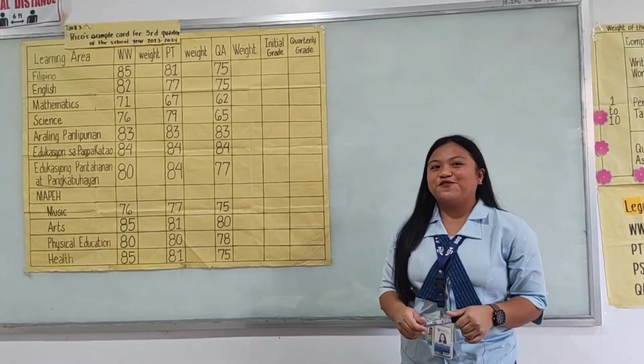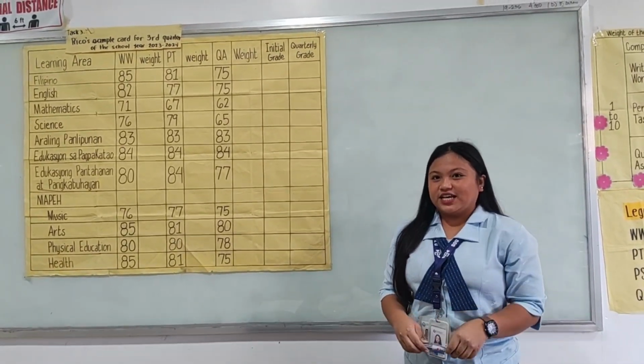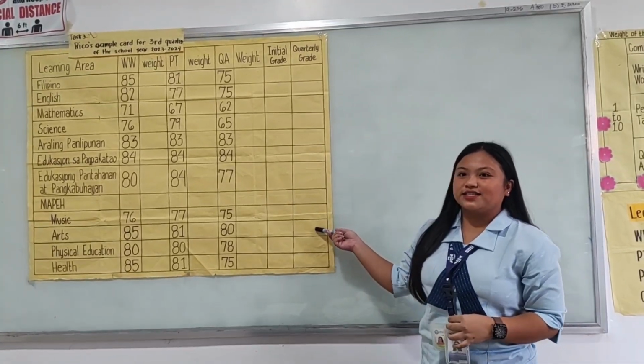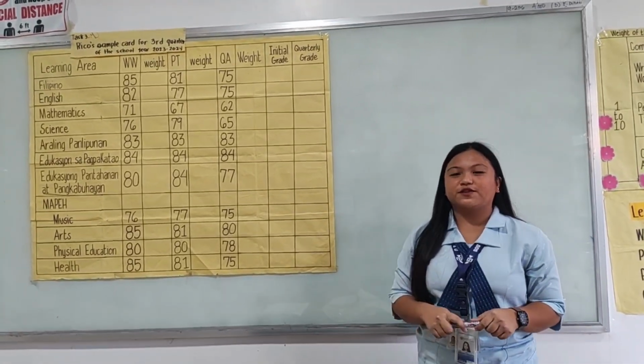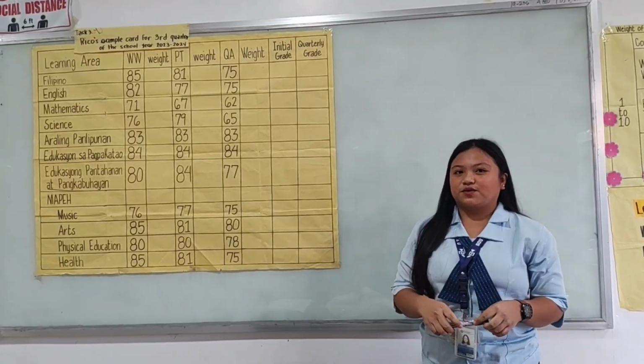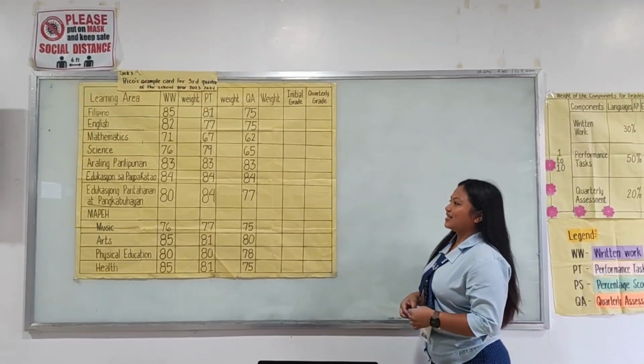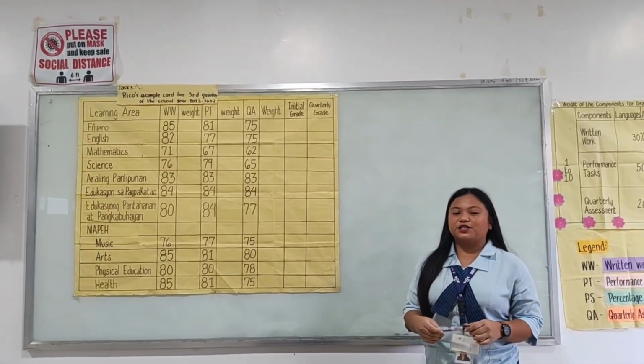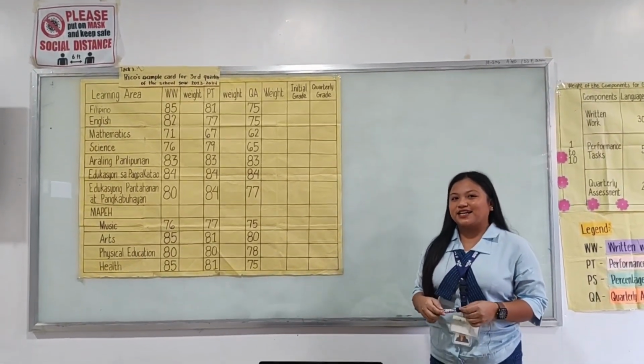So now we have finally arrived at task 3. This table shows a sample card of a grade 6 student named Rico for the third quarter of the school year 2023-2024. In this task, to solve the blank spaces in this table, we just have to follow the solution as what we had in task 2.